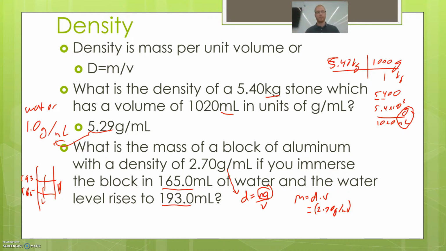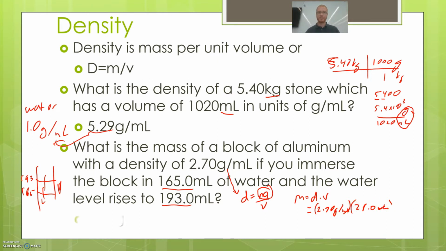And so when we do that, we get 28.0 milliliters, in significant digits. Grams per milliliter times milliliters. Milliliters cancels and leaves you with grams.